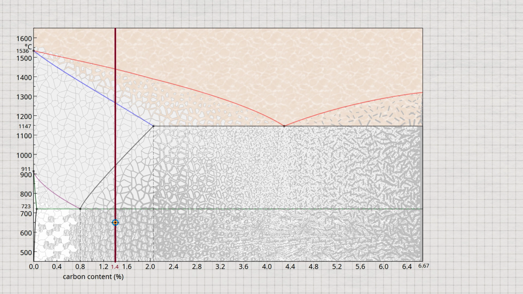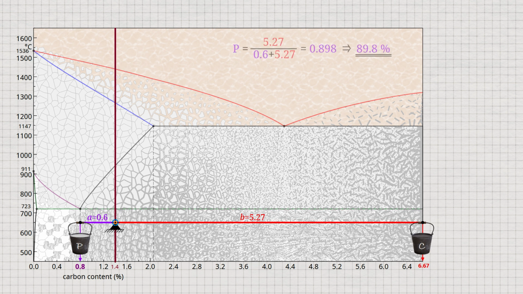Again, the lever arms are drawn up to the respective microstructural constituents. For pearlite, the microstructural boundary is again at 0.8% carbon. For grain boundary cementite, which is another microstructural constituent, the boundary is again at 6.67% carbon as this is pure cementite. Using the lever rule, this gives a pearlite content of 89.8% and a grain boundary cementite content of 10.2%.